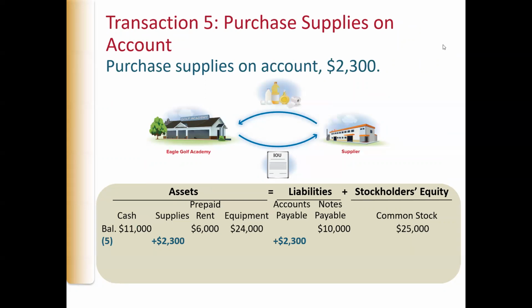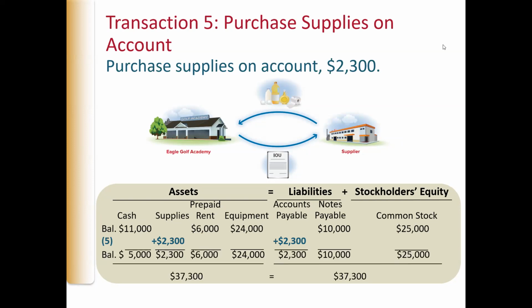So our assets of 2,300 equal our liabilities of 2,300. And when we look at the whole picture, our assets of 37,300 equal our liabilities plus our stockholders' equity of 37,300. Okay?